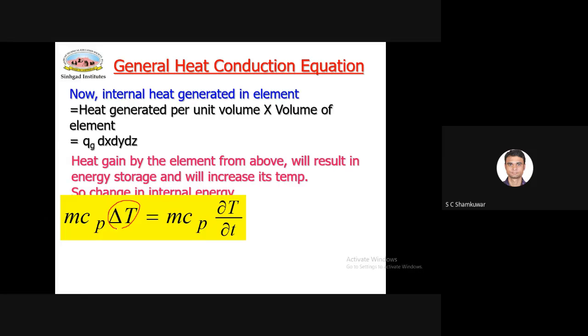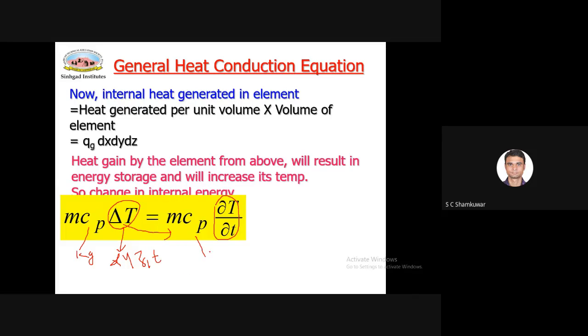Now delta T is a simple thing. Delta T changes with X, Y, Z, and T. So now, mCp delta T is in kilojoule. We have to convert it to kilowatt or watt. Therefore, it is mCp into the change in temperature with respect to time, delta T by delta small t. Understood? We want the change in temperature with respect to time.